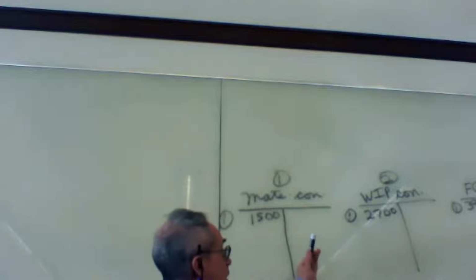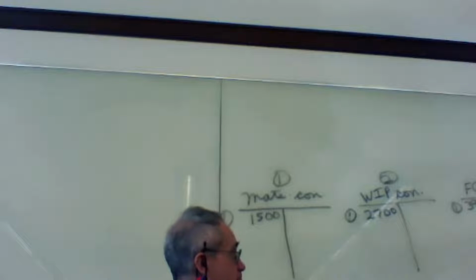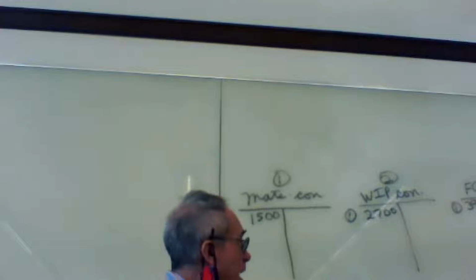We'll have our flow of costs from materials control all the way through finished goods control, just as we've had before on the assembly line.